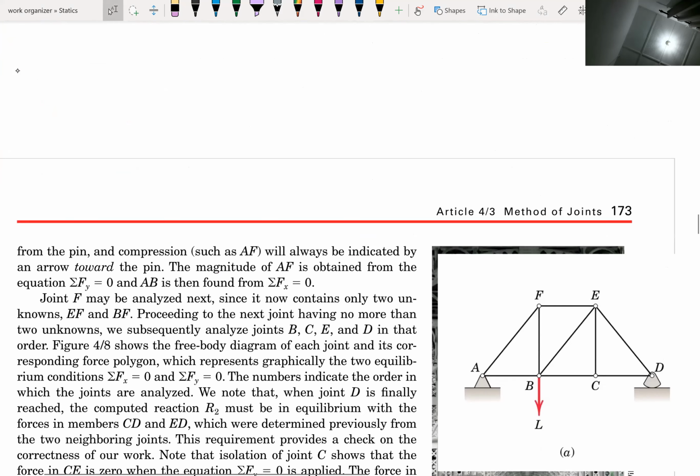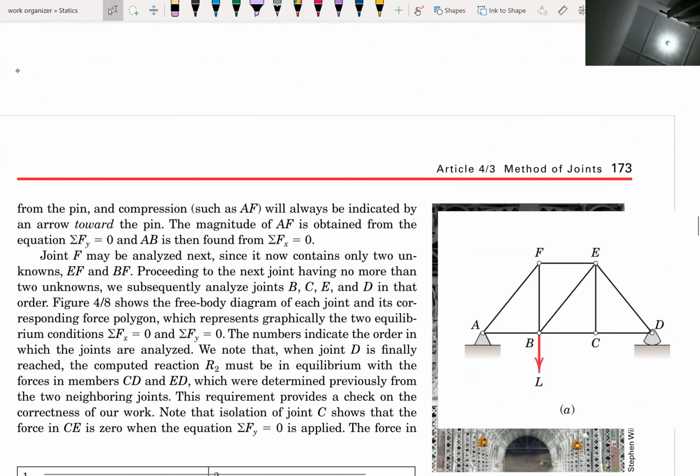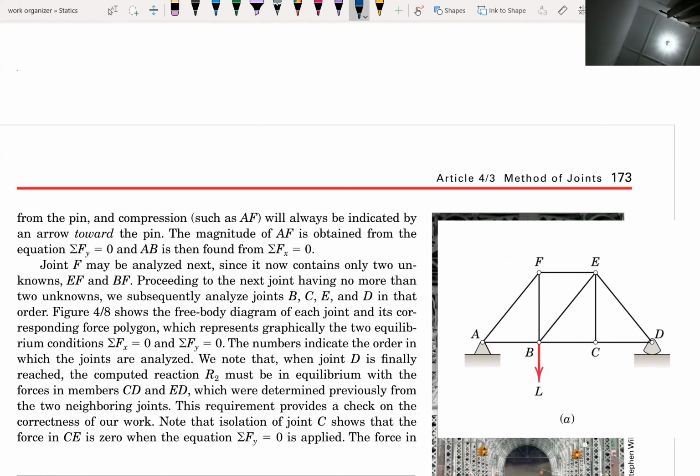After we settle joint A, joint A is done, and then joint F is next, the next one that we should analyze. So we go to figure 4.8, which shows the free body diagram of each joint.